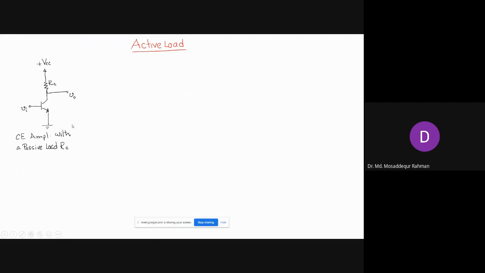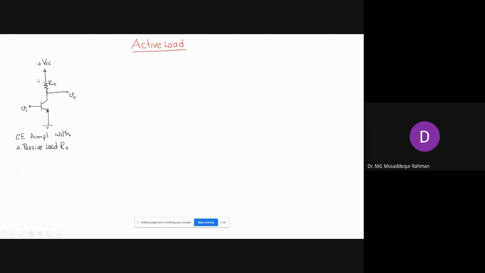If you connect your load RL at the output, that will come in parallel with RC, and we can consider that one single resistance. So we are not considering any additional resistance as a load resistance, just RC, because these two will be in parallel and work as one single resistance. So just RC here, connected to the supply, and we take the output from here.